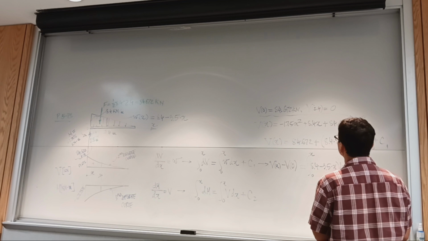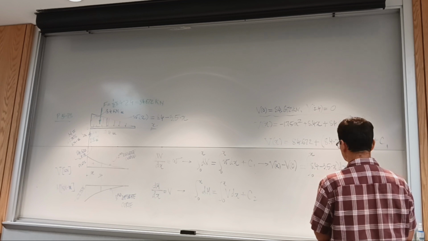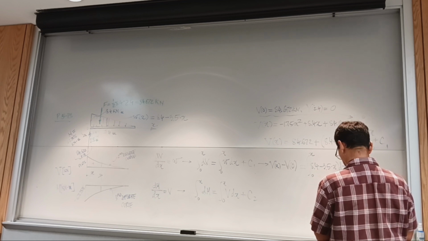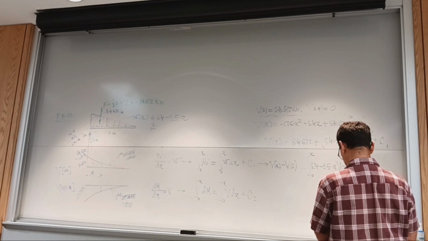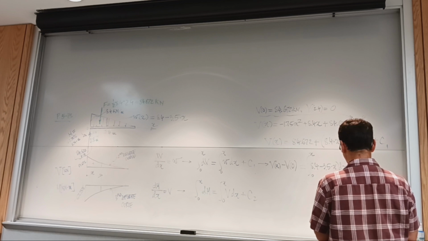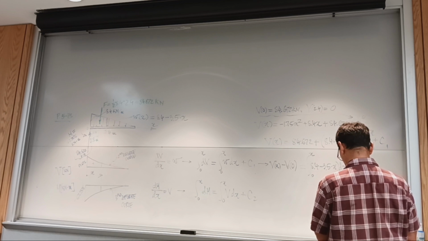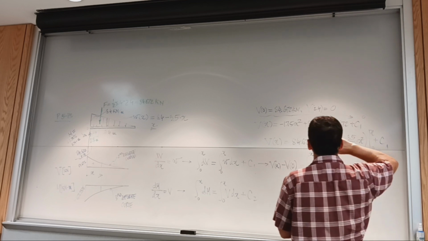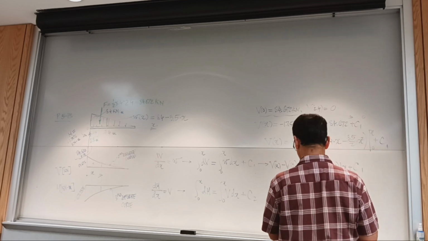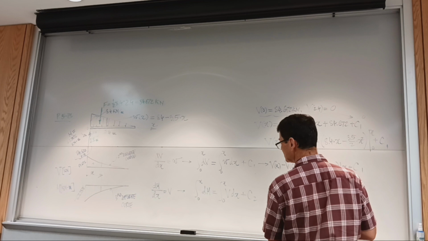So negative 1.75 times 2.4 squared, and then plus 8.4 times 2.4 equals 10.08. And then plus this one, does not go to 0, unless we missed something.